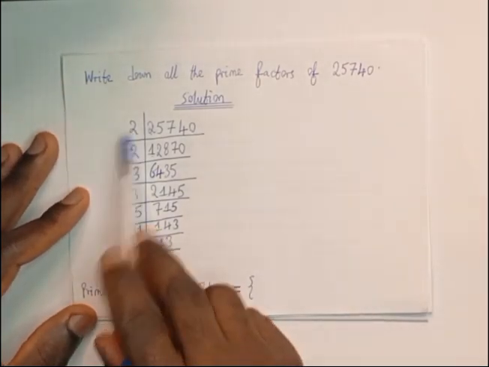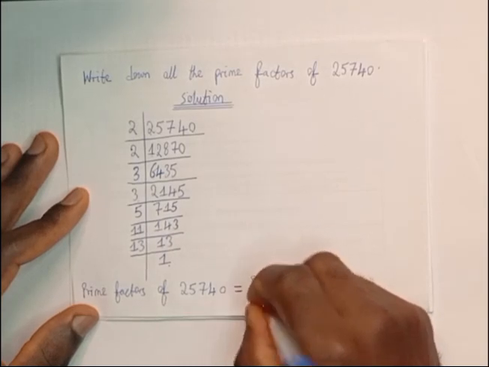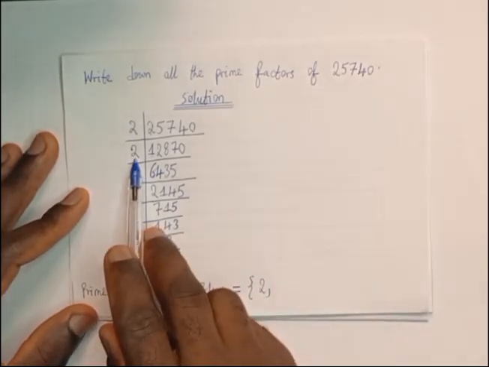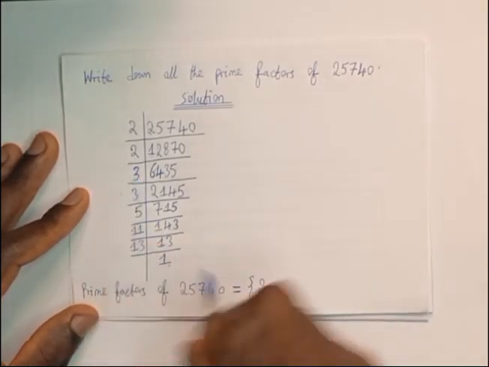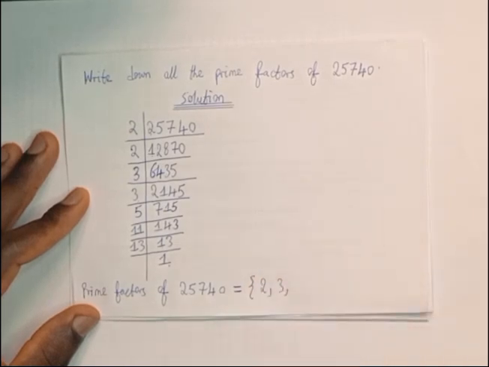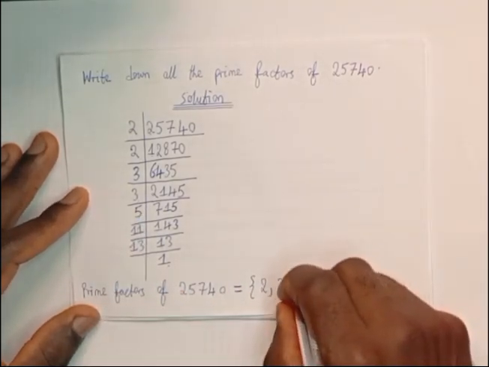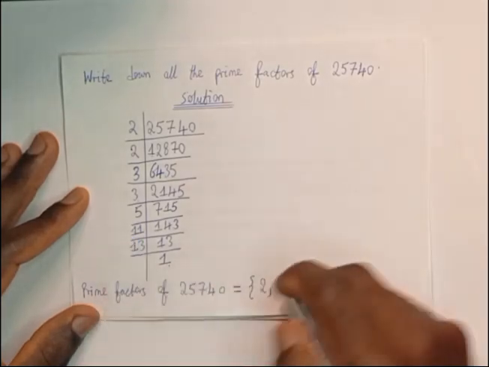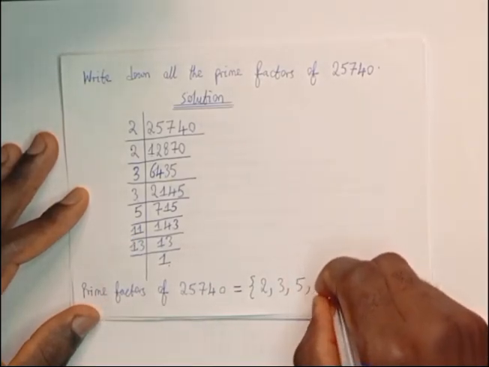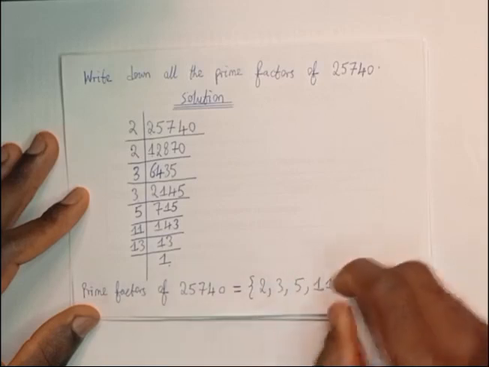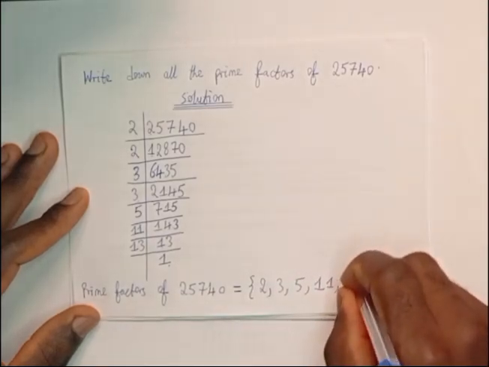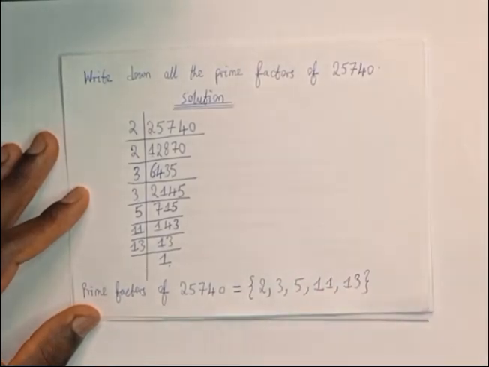The first one is 2, comma. Since 2 repeats, we are not going to repeat 2. We move to the next, which is 3, comma, the next, which is 5, comma, the next, which is 11, and lastly 13. We enclose the set.